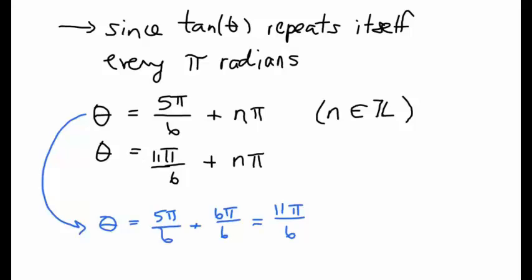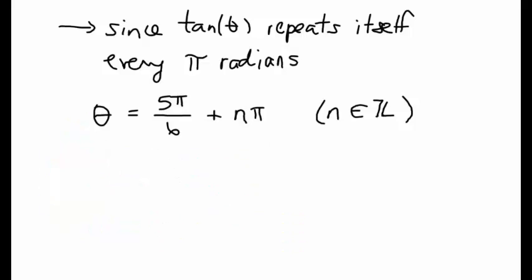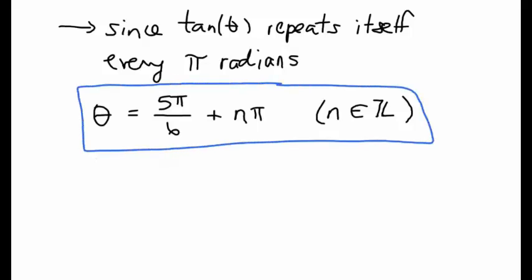So what we're going to do is eliminate this particular solution because it arises when the value of n is equal to 1. Now that we've gotten rid of that duplicate solution, we can say that our final solution is going to be 5 pi by 6 plus n pi, where n is any integer value.